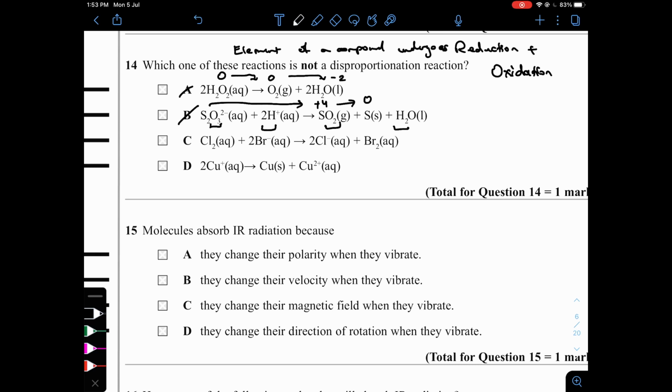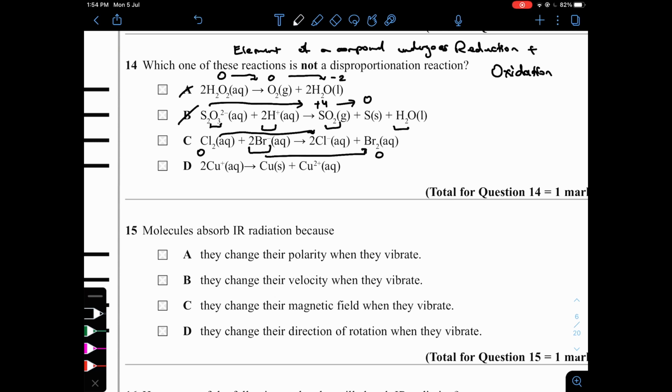You can see that the Br- ion is reduced to 0. Chlorine is 0 and is reduced to Cl-. So this one is not reduced, it gains electrons. Bromide is oxidized to 0, and chlorine is reduced to Cl minus.